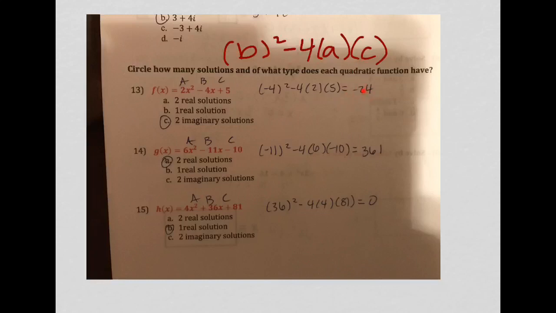If it's negative, it has two imaginary solutions. If it's positive, it has two real solutions, and if it's 0, it has one real solution. So a good thing to write on your note card for numbers 13 through 15 might be: if it's positive, it's 2 real. If it's negative, it's 2 imaginary. And if it's 0, it's 1 real.